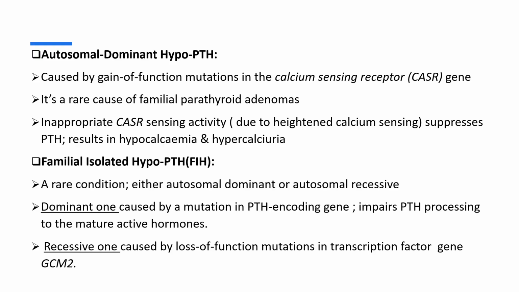If mature parathyroid hormone is not produced, that also results in hypocalcemia and hypercalciuria, since the function of parathyroid hormone will be reduced, or the target organ may not receive the parathyroid hormone for its metabolic activities. And the recessive one is caused by a loss of function mutation in the transcription factor gene GCM2, and that also results in familial isolated hypoparathyroidism.